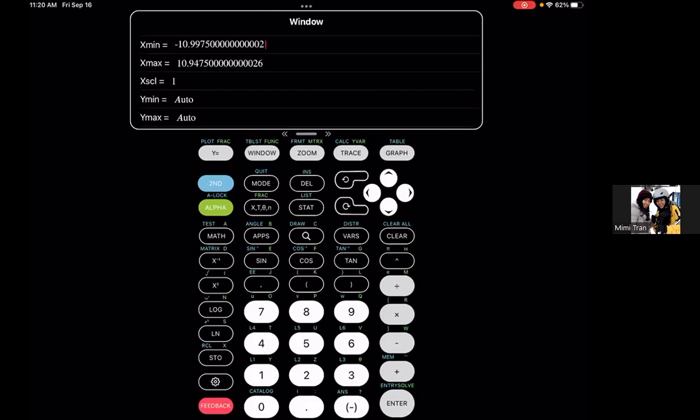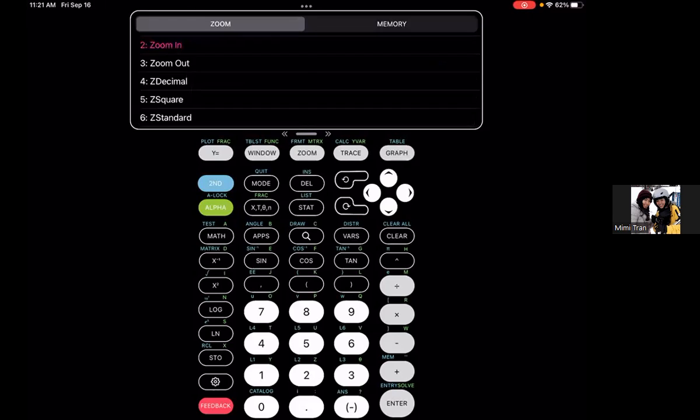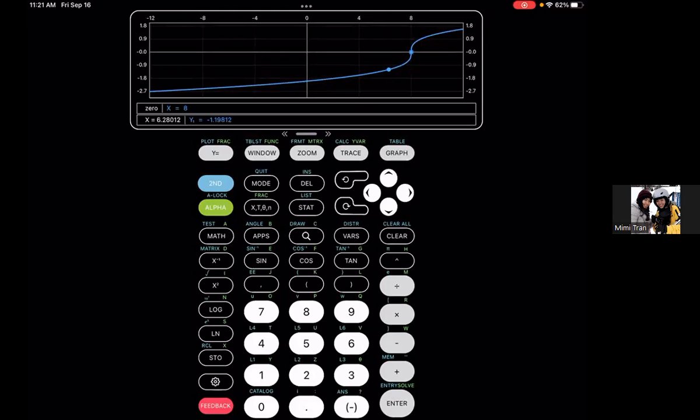I like zoom 0. I think zoom 0 works better, at least on mine. Not sure about you. All right, so what is the domain?